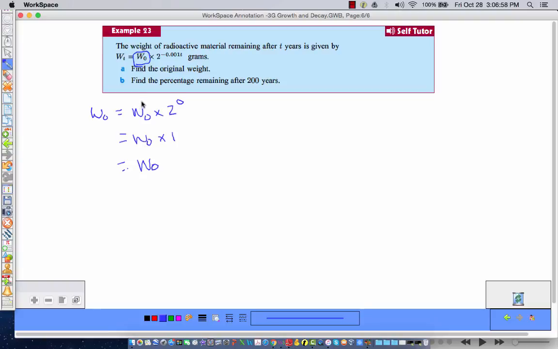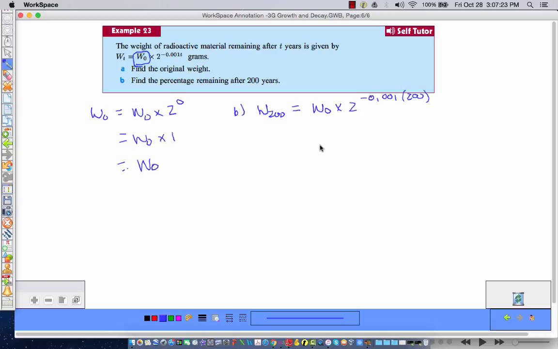So they want to say find the percentage remaining after 200 years. So I need to find, for part B, W sub 200. So that is going to be equal to W0 times 2 to the negative 0.001 times 200.